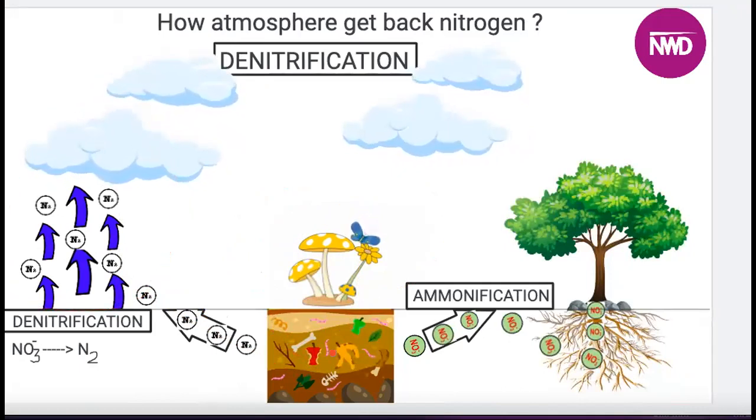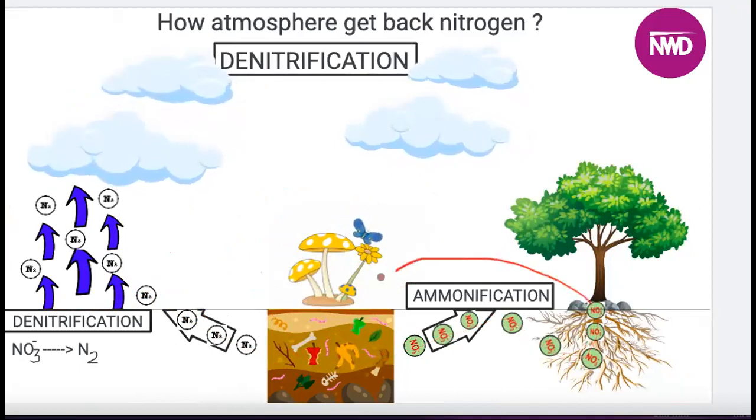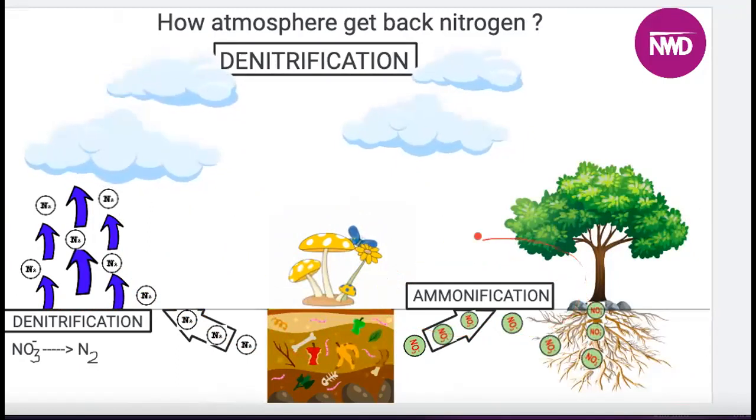Moreover, some of the nitrogen gets converted back to the plants in the form of nitrates in a process called ammonification.